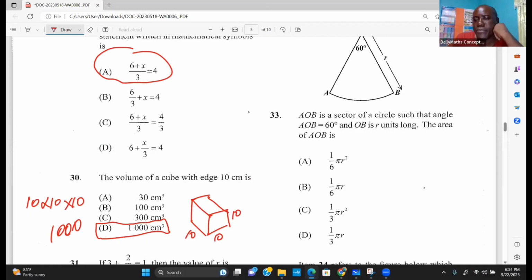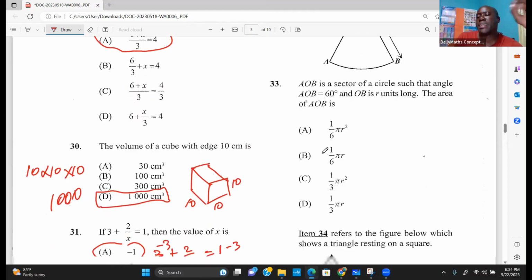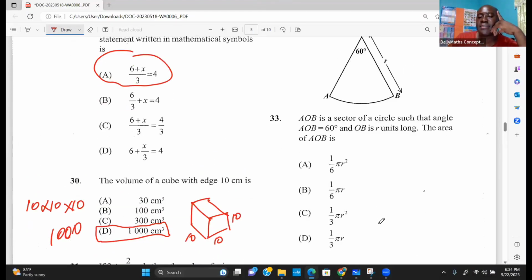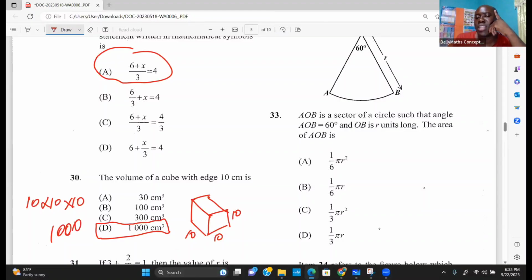It says, AOB is a sector of a circle such that angle AOB equals 60 and OB is R units long. The area of AOB is what? You notice the pi is in the answer. So what can you set up to get the area of the sector? The formula is the angle, theta, over 360, multiplied by pi r squared.